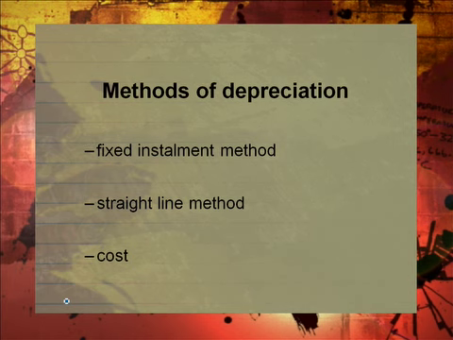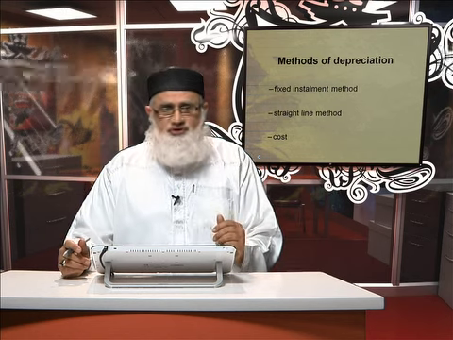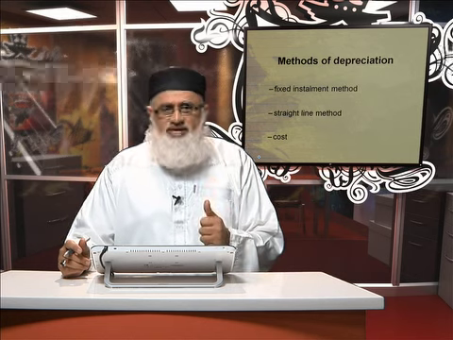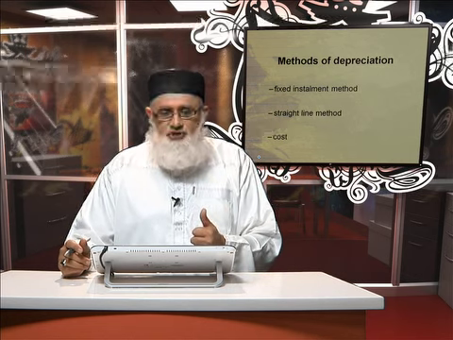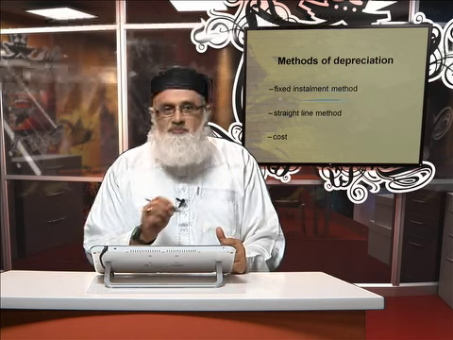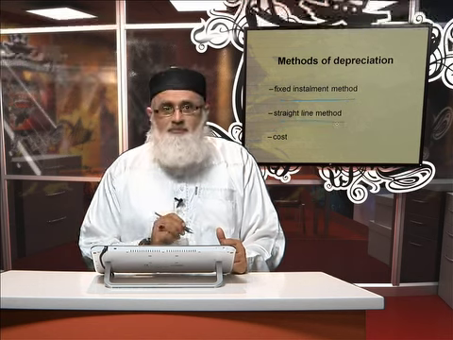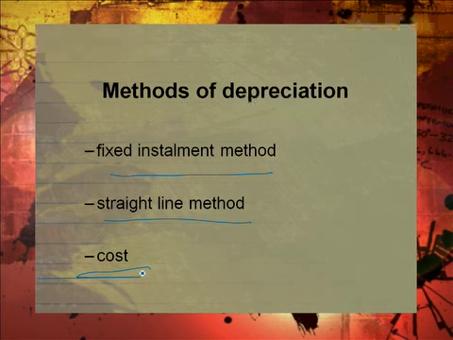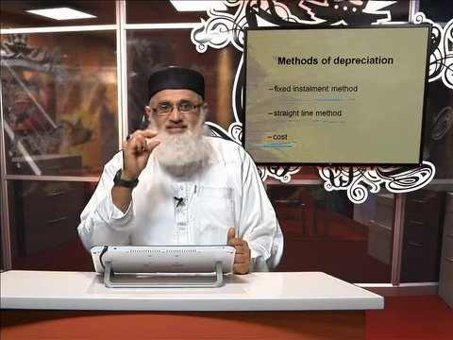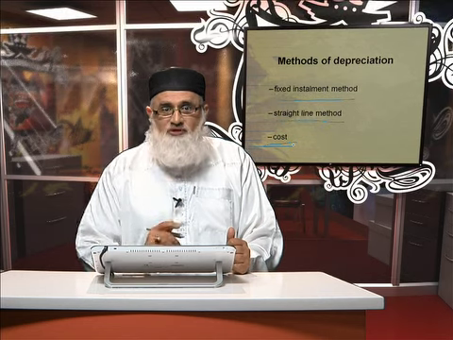So if the question says calculate depreciation on the fixed installment method, or on the straight line method, or on cost, in all three scenarios you have to work with the cost price. That's the most important part of this method of depreciation.